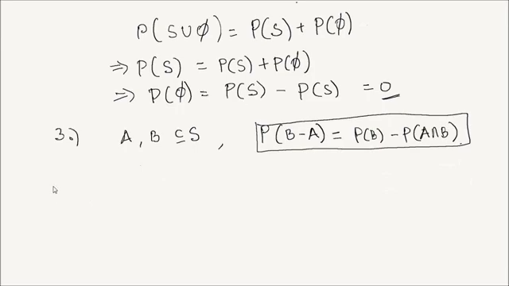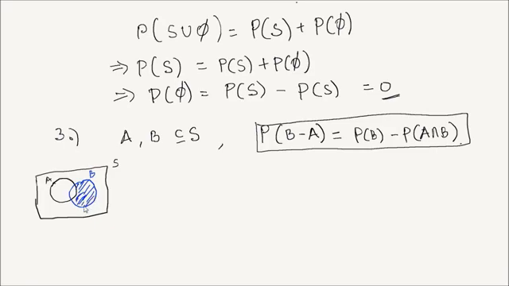B minus A is the following. So let's say I have a sample space. Say that is event A. Let me use a different color. It's event B. B minus A is the region shaded right here.